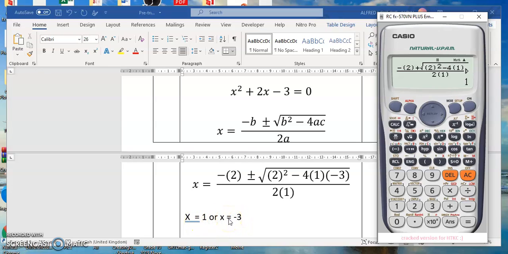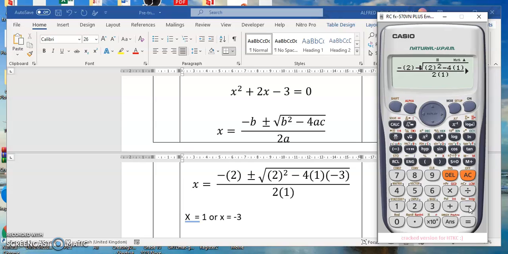There are 2 equations, 2 answers. So the other one is going to be, instead of deleting the whole equation, what you need to do is you move your cursor back, then you delete the plus because it's plus or minus and we started with plus.